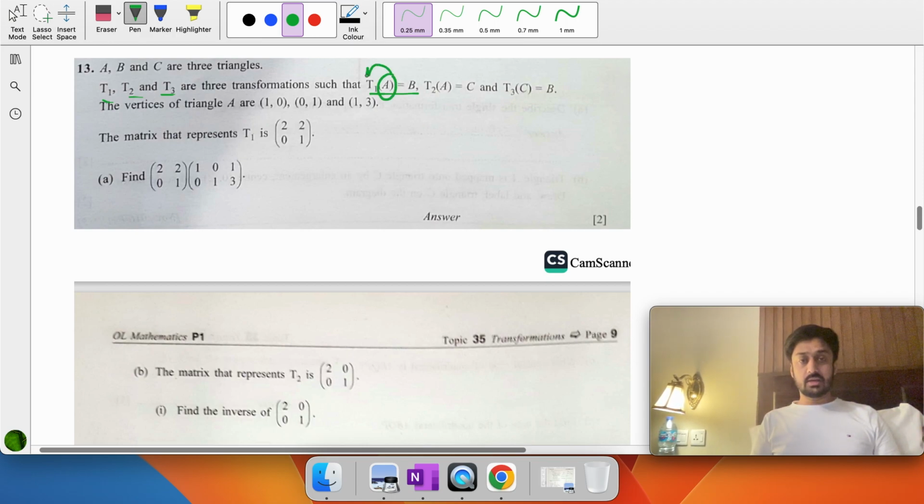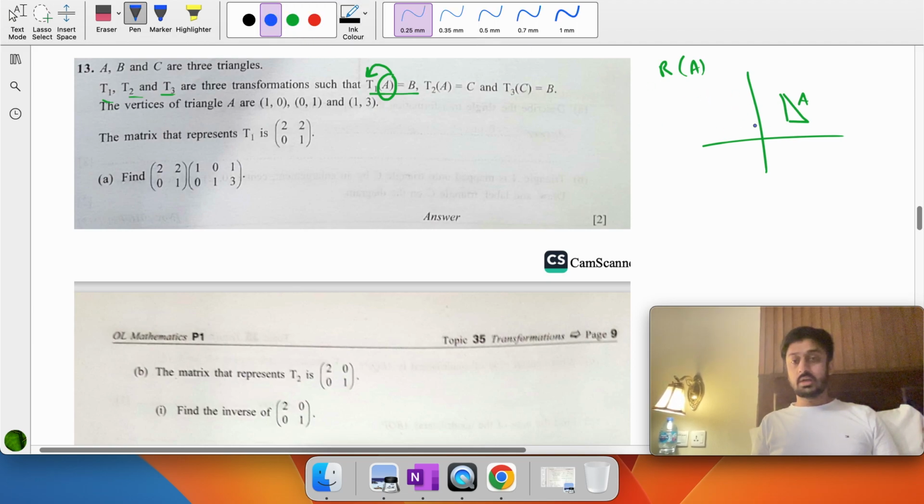You applied a transformation T1 and it resulted in B. For example, if I say that I have R as a transformation applied on A, and I call R a reflection in the y-axis, then when I apply R on A, the result, if I name it B, would be this. So we read from right to left. To A, you applied R and it resulted in B.